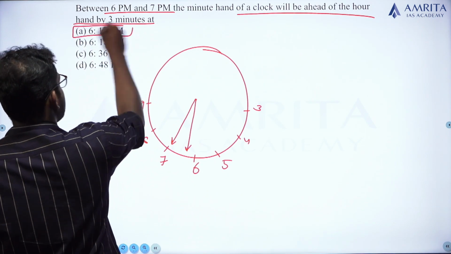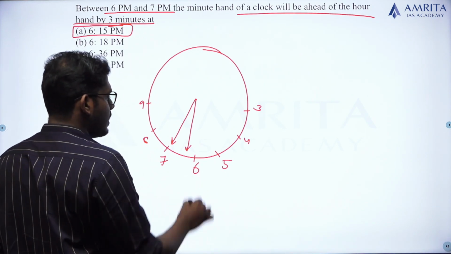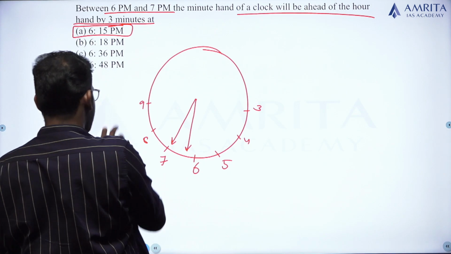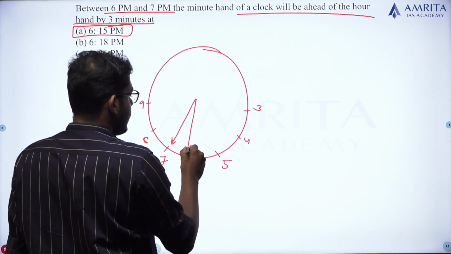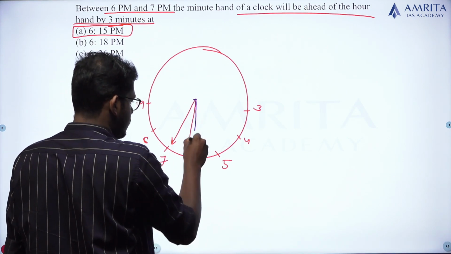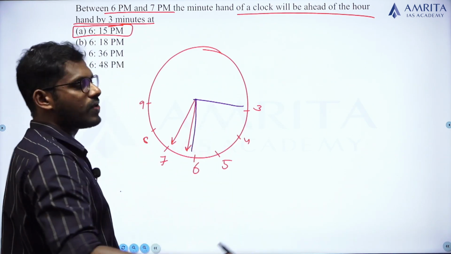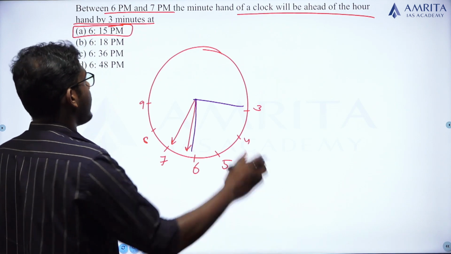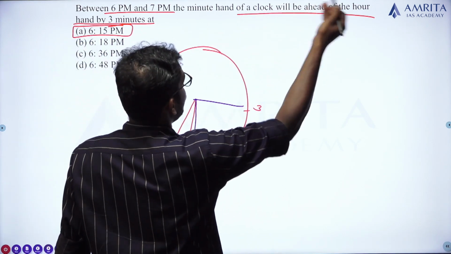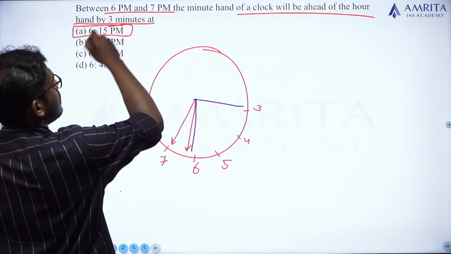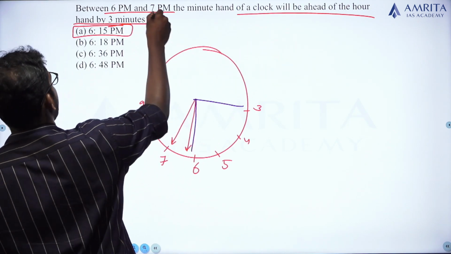Now look at the options please. The first one is 6:15. Can it be possible? If it is 6:15, then it will be like this. So it is not differed by 3 minutes. Clear? So the idea is the minute hand of a clock will be ahead of the hour hand by 3 minutes.